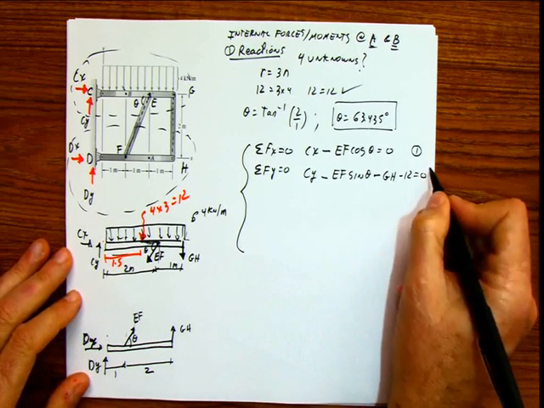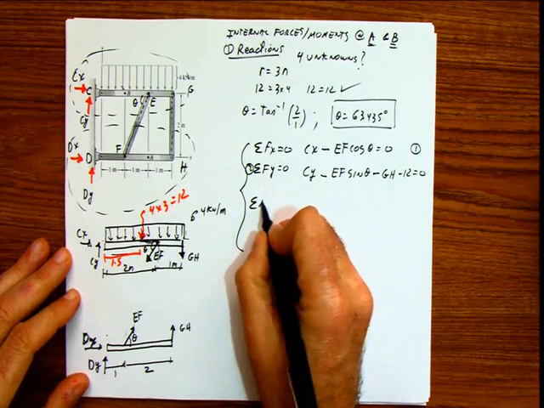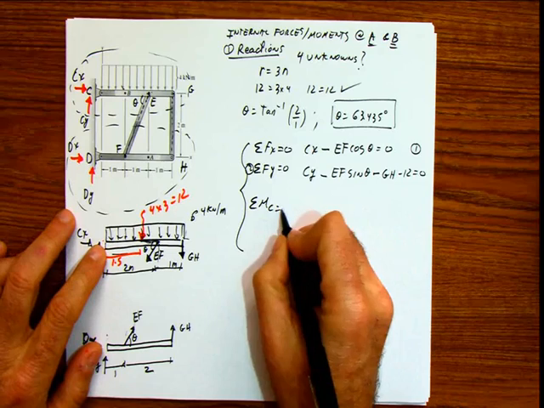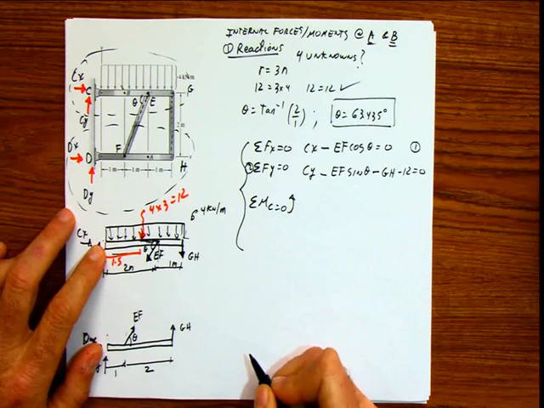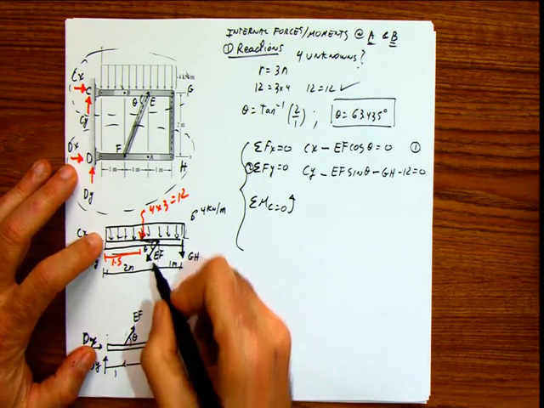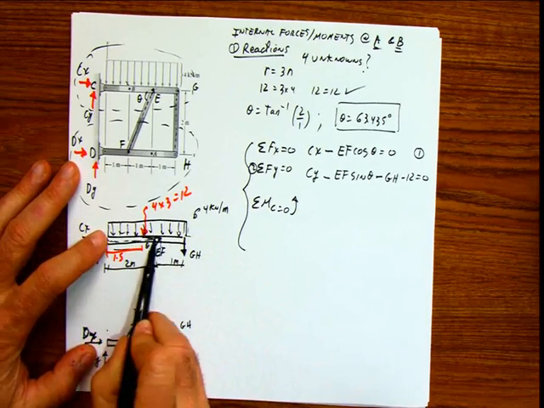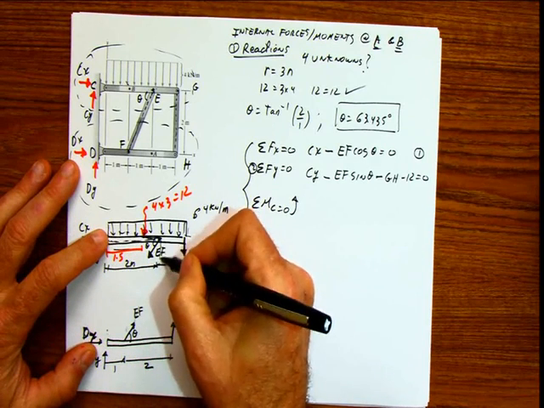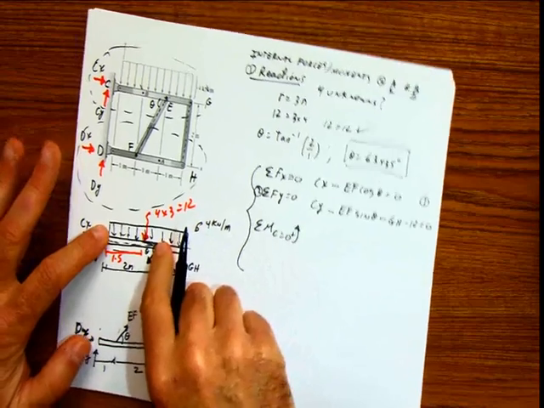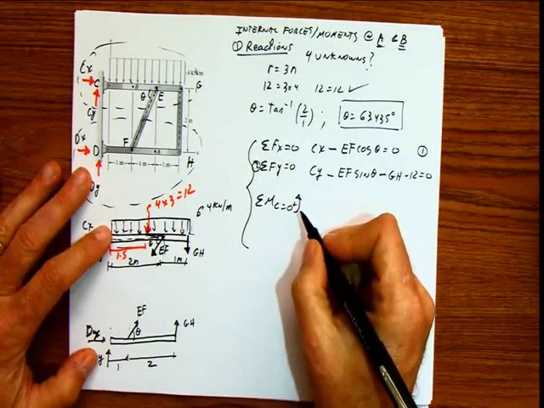I'm going to call this equation 2, and then summation of moments at C equals 0. If we do that, then we have what? The horizontal component of this is not producing a moment because it passes through the point. The vertical component produces a moment, and the moment is going to be negative because it's going to be causing a rotation clockwise, and I assume counterclockwise positive.